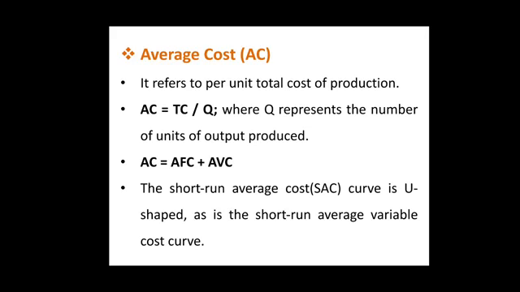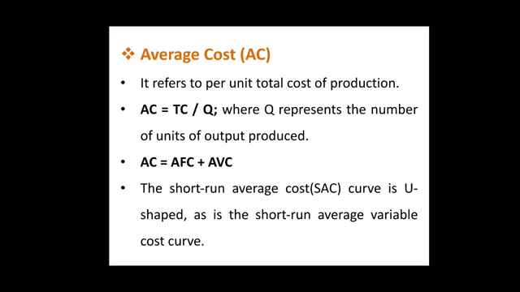The average cost curve is also U-shaped, just like the average variable cost curve, as average total costs reflect the influence of both average fixed costs and average variable costs.